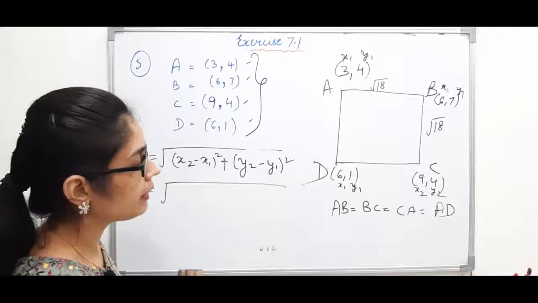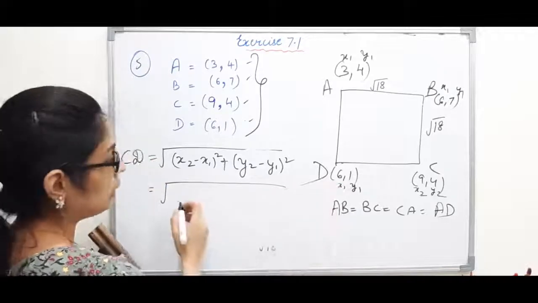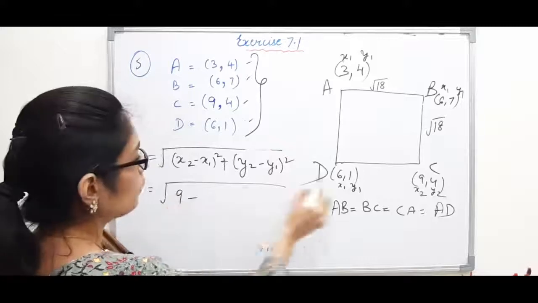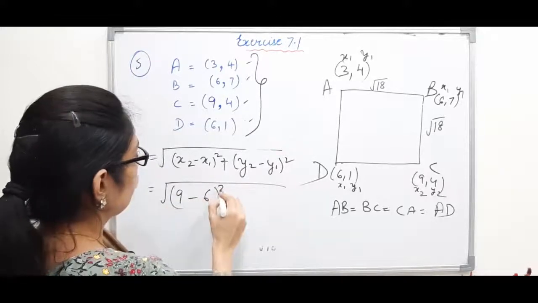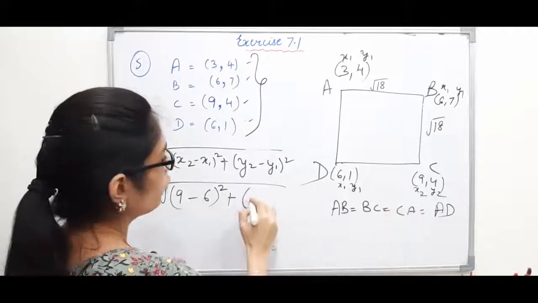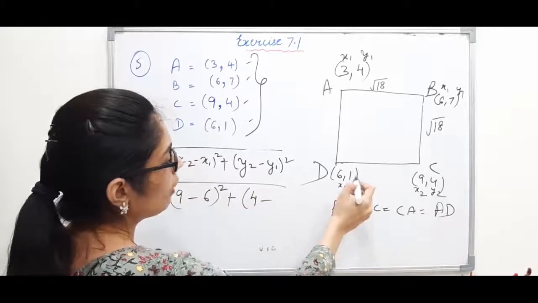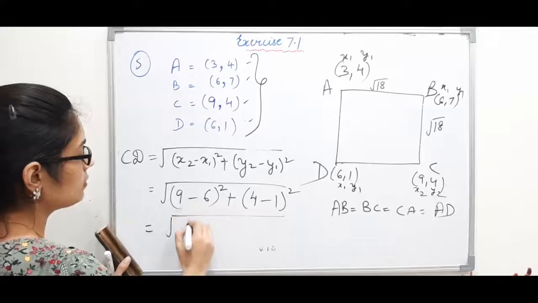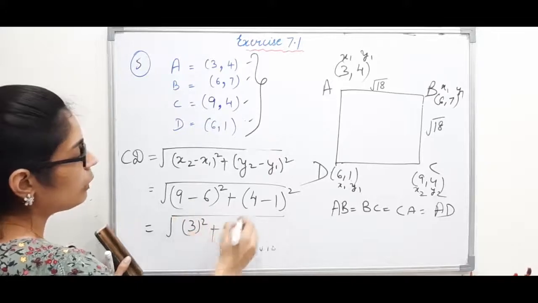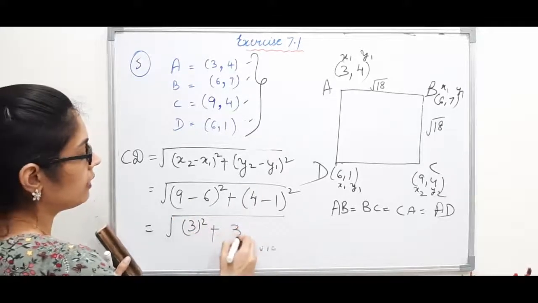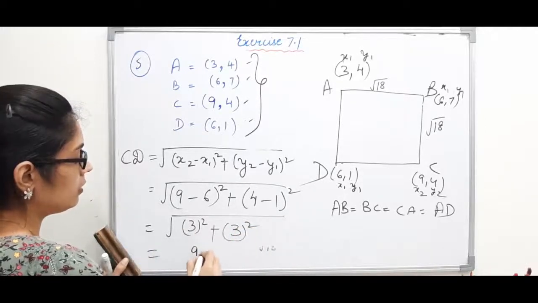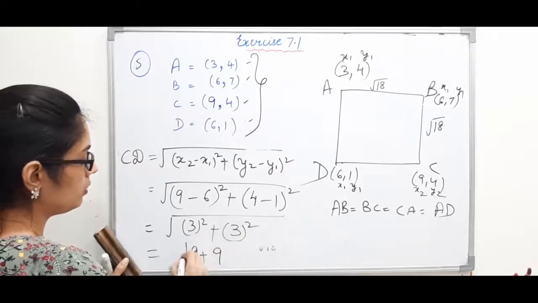It won't make any difference. So now let's substitute the values. x2 is 9, x1 is 6 whole square, y2 is 4 minus y1 is 1 whole square. So 9 minus 6 is 3, whole square of 3, plus 4 minus 1 is again 3, whole square of 3. So 3 square is 9, again 3 square 9, square root.